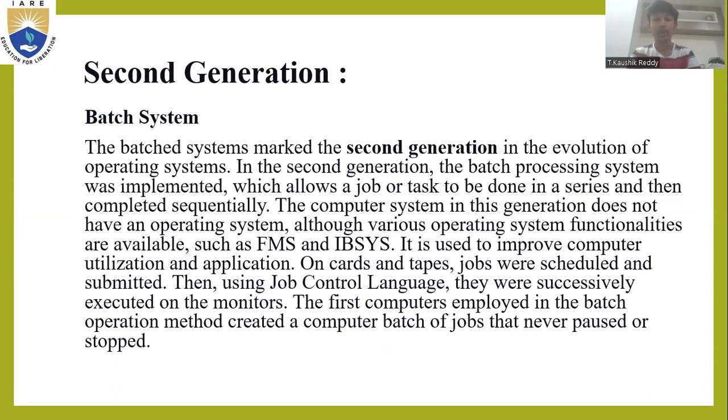It is used to improve computer utilization. Applications on cards and tapes, jobs were scheduled and submitted. Then, using job control language, they were successively executed on monitors. The first computers employed in the batch operating method created a batch of jobs that never paused or stopped.